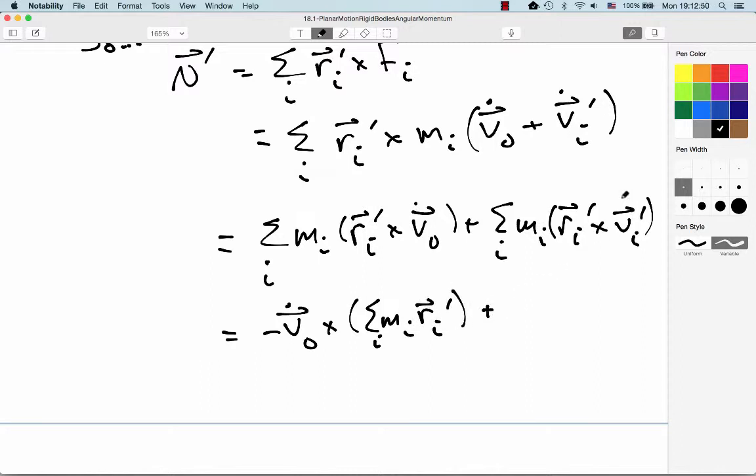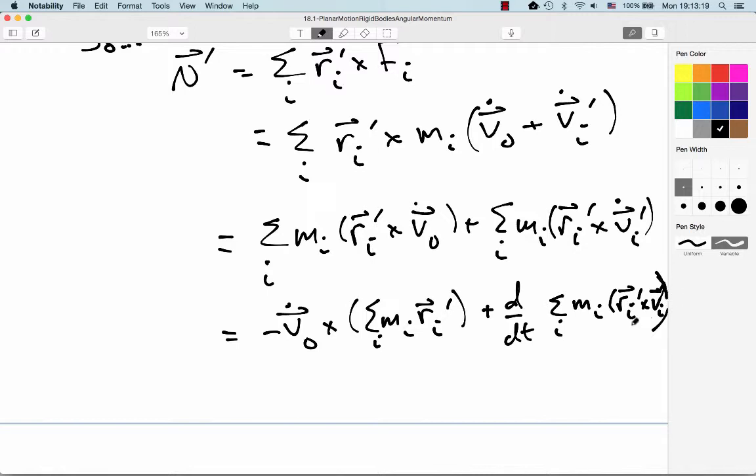And then here, I'll show in just a second that it'll be legit for me to move this differential all the way through. So d/dt of the sum over i of mi Ri prime cross Vi prime.